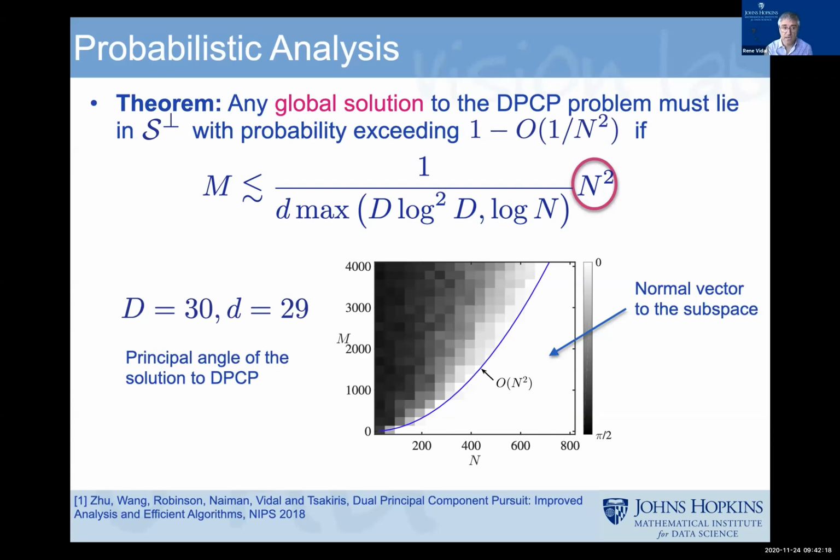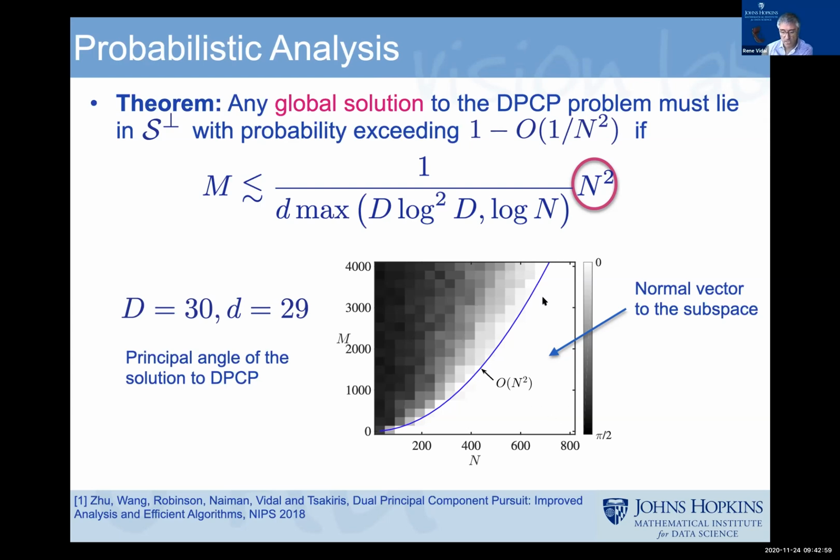It says that a global minimum to the DPCP problem must be orthogonal to the hyperplane, so it is the true normal that we are looking at, with high probability, decreasing with 1 over the number of inliers squared, provided that the number of outliers, m, is less than or equal to the square of the number of inliers. Forget about the constant for the time being. This really says that you can tolerate a lot of outliers, up to the square of the number of inliers.